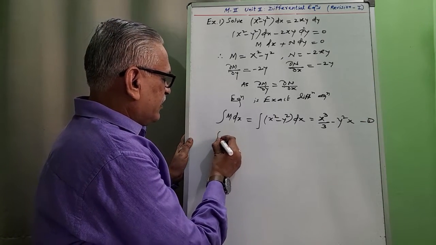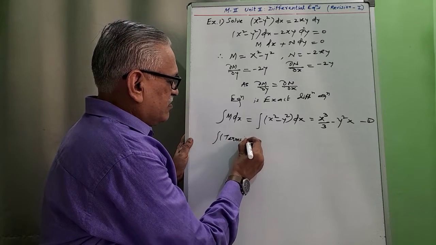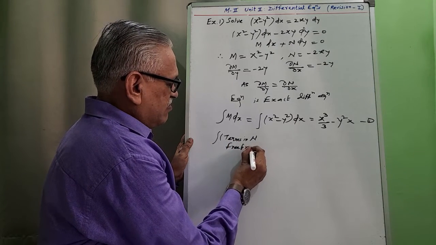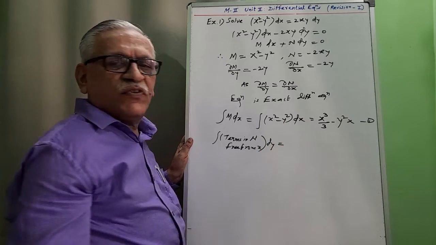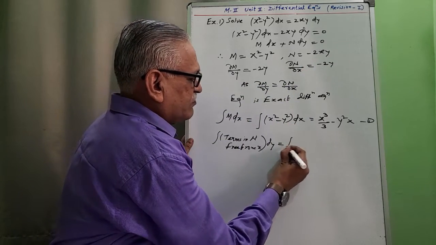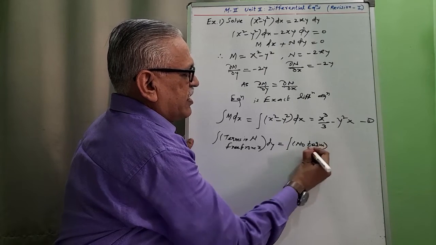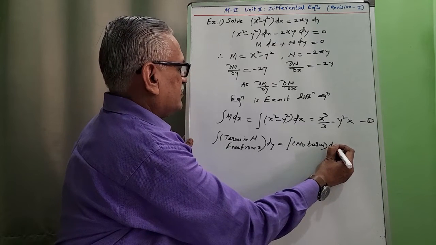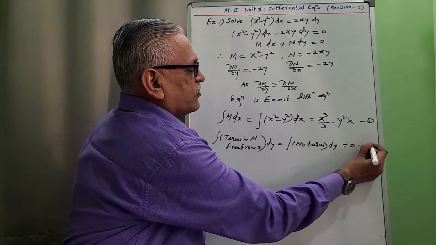Then next, integration of terms in N free from x, that we have to integrate with respect to y. Then we check, is there any term which is free from x? No term is there which is free from x, and therefore its integration with respect to y is 0, equation 2.